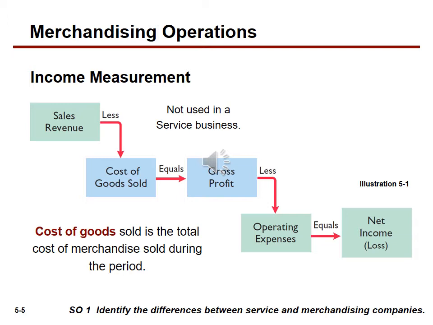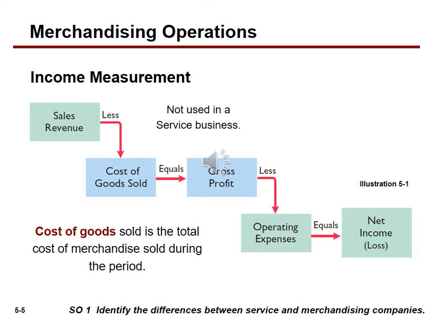Now for merchandising operations, we want to create a more detailed income statement. So what we do is we begin with the sales revenue and then we take out the cost of goods sold. That would give us what we call gross profit. And then from the gross profit, we expand a little and start taking out our different operating expenses, and that at the end is going to give us the net income of the company.